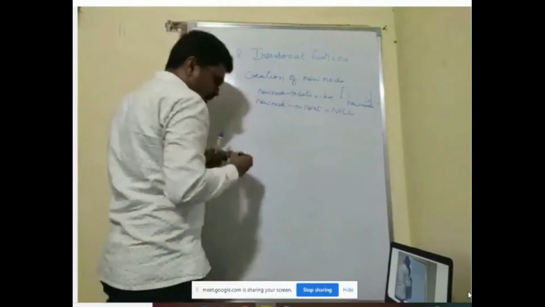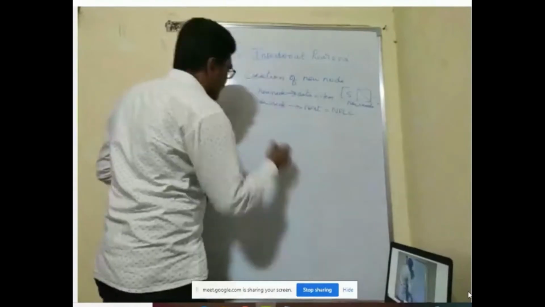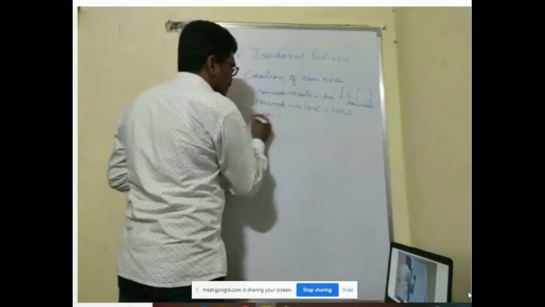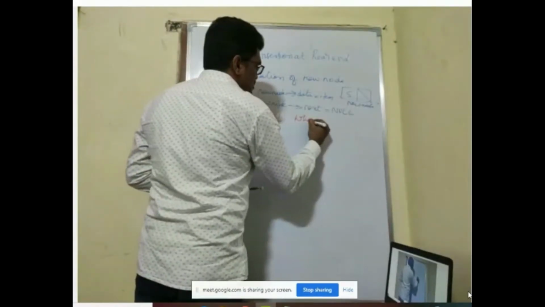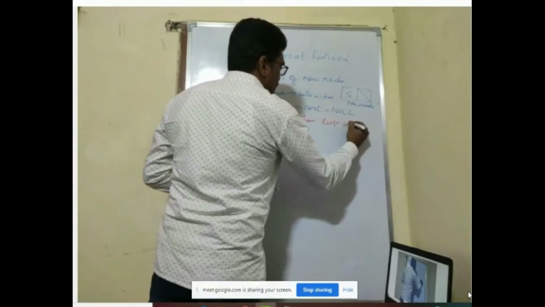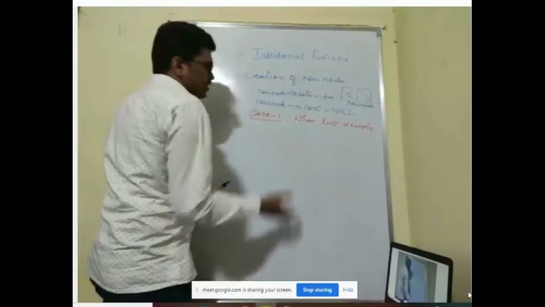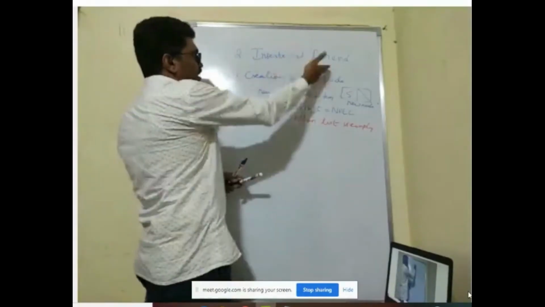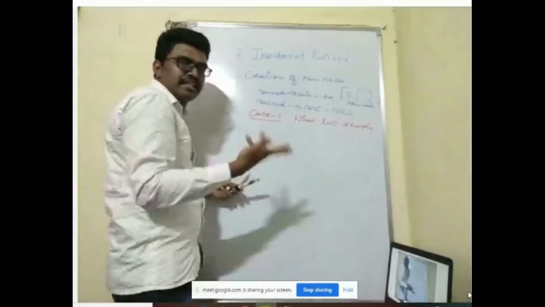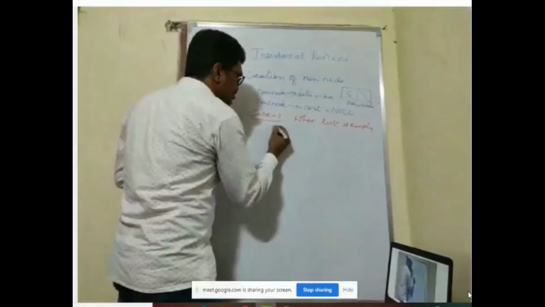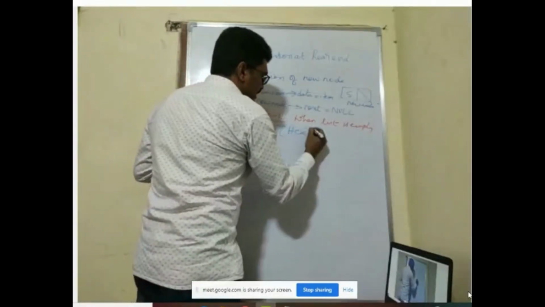As usual, two cases. Case one, when the list is empty. When the list is empty, there is no front end and rear end. Both are the same. Nothing is there, it is empty. How will you check? As usual, if header is equal to null.